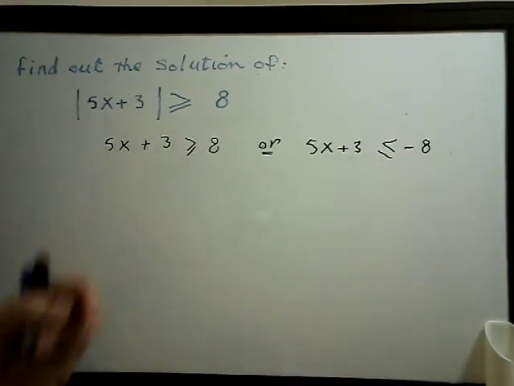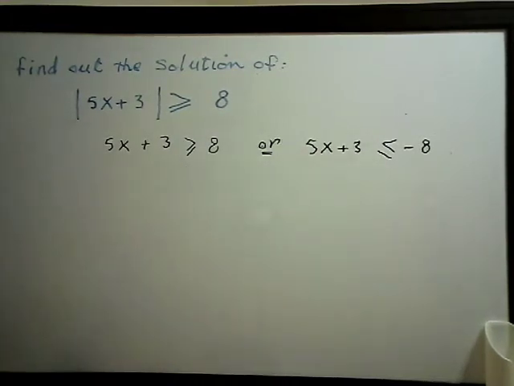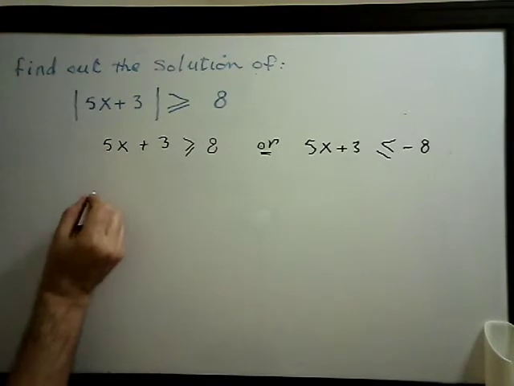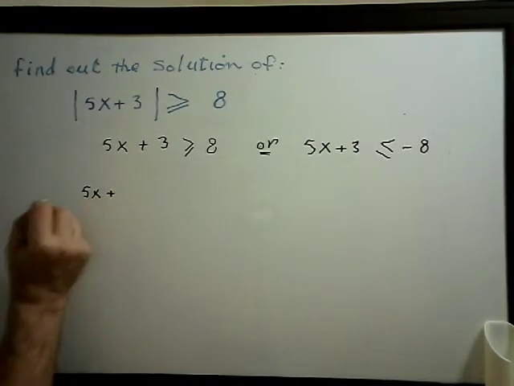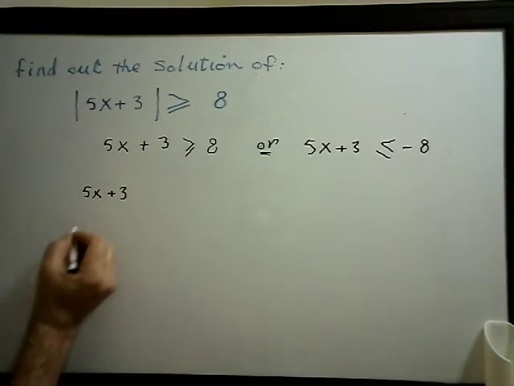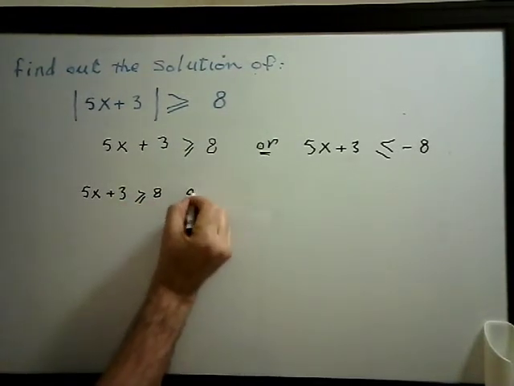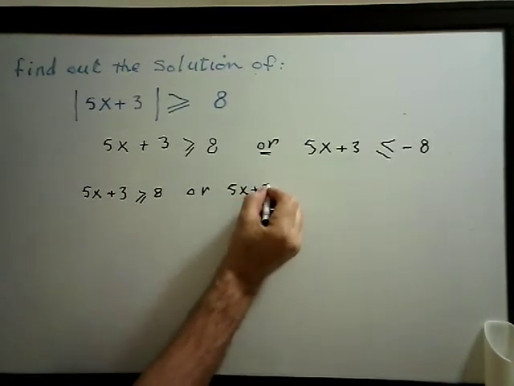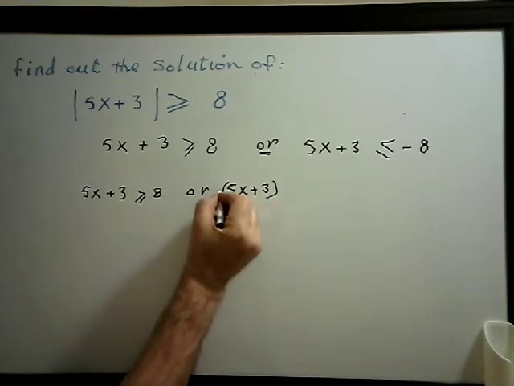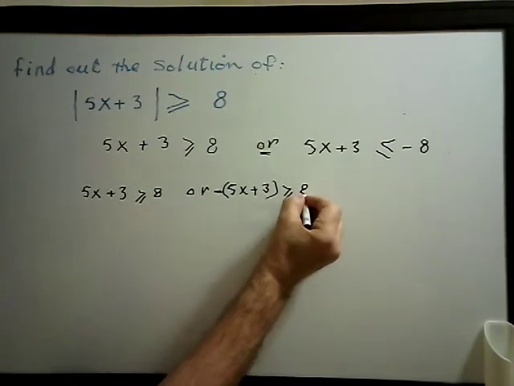And we explained why this is written this way, is less than or equal. If you make a revision again, we said 5x plus 3 is greater than or equal to 8, or 5x plus 3, all in minus, is also greater than or equal to 8.